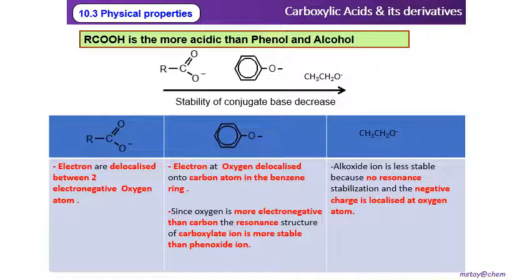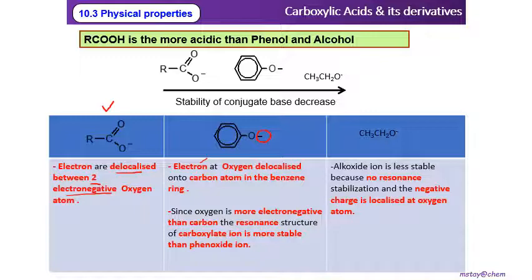Okay, so now we already agreed that for the carboxylate ion, there is a resonance effect where the electron is delocalized between two electronegative oxygen atoms. If you still remember in the chapter on phenol, we also mentioned that the negative charge or the electron at the oxygen is also delocalized over the benzene ring.